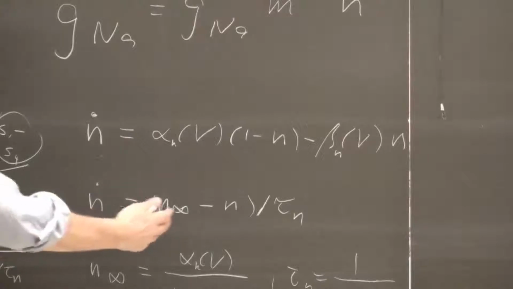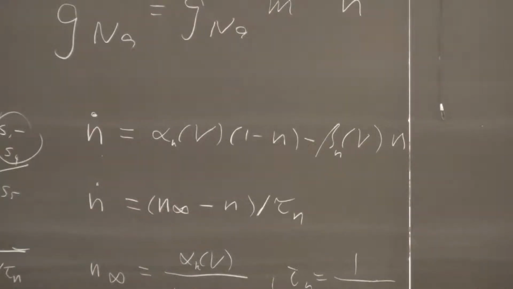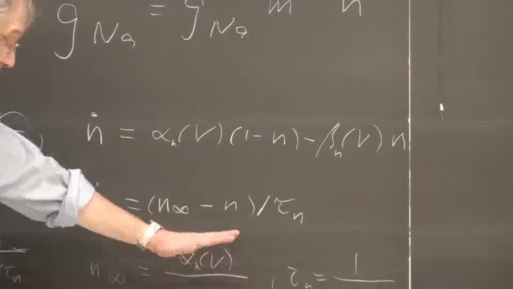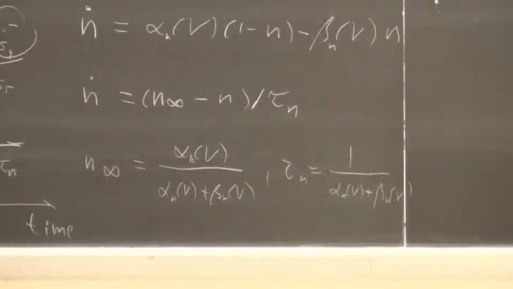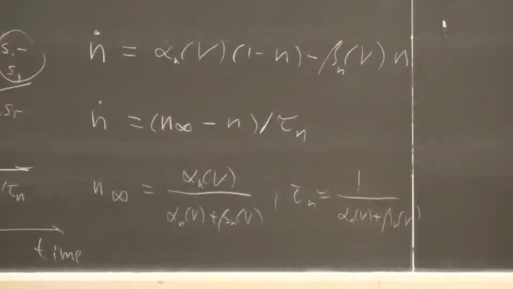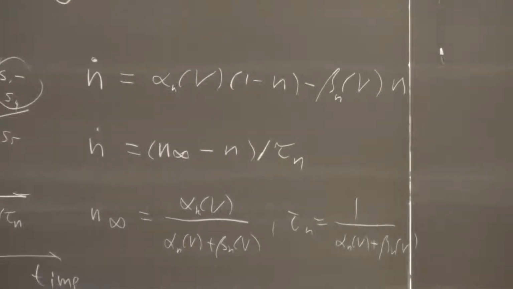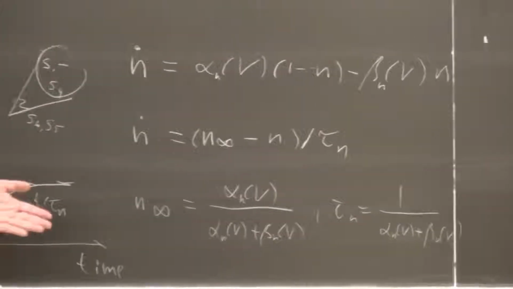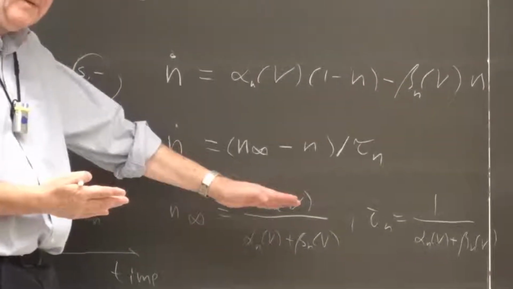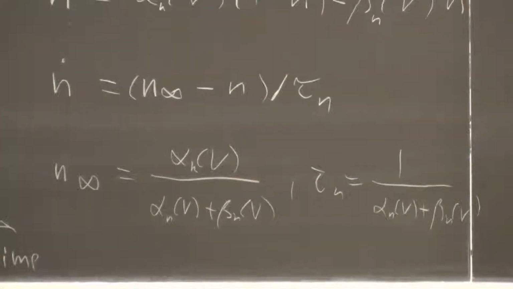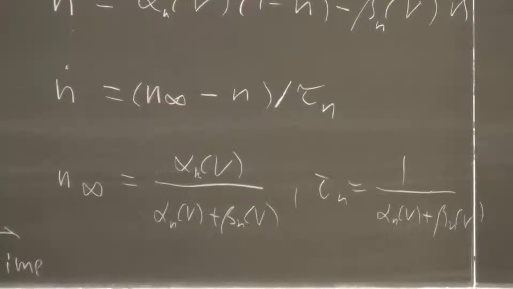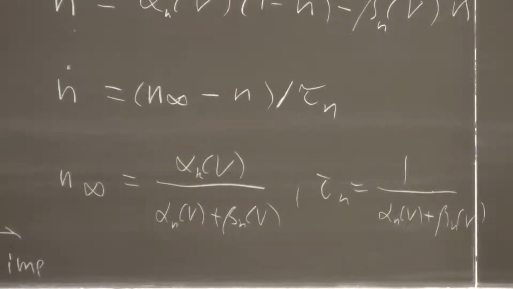And so this 1 over alpha plus beta gives you the time constant. And the n infinity value that you assume is given by the ratio alpha divided by alpha plus beta. So they determine how much openness you get, how open these channels are. That is actually how we define it. If n goes to 1, then these are all positive numbers, so the most it can be is 1. If it goes to 1, then it's always open at that voltage. And if it's 0, then it's never open, and something in between. So that's what they got.